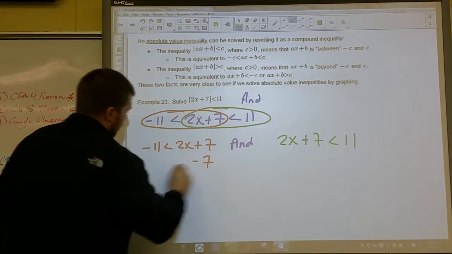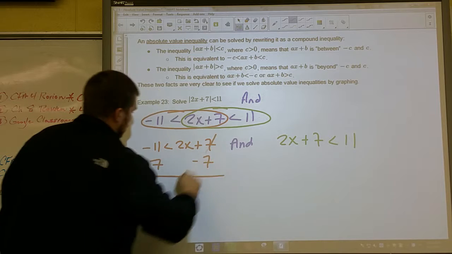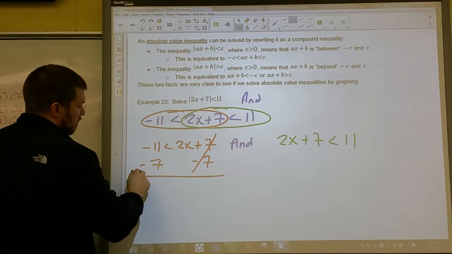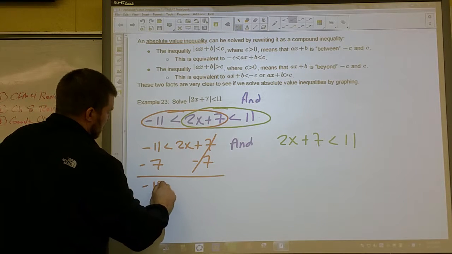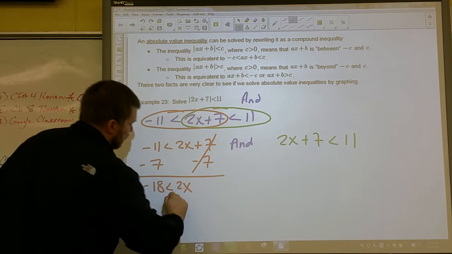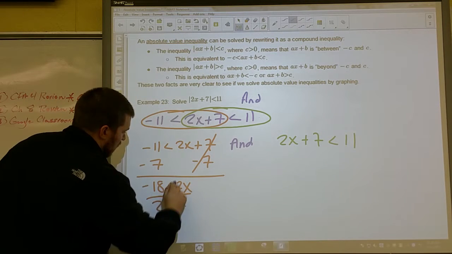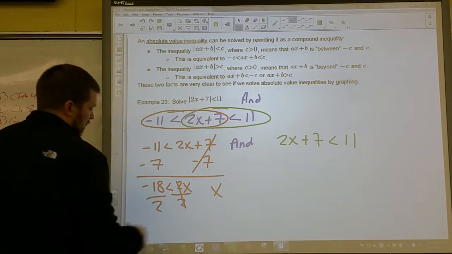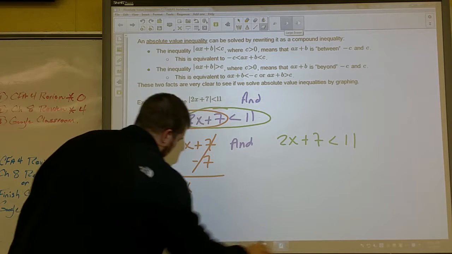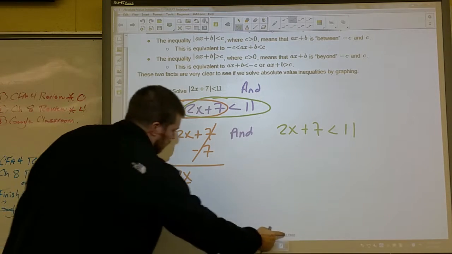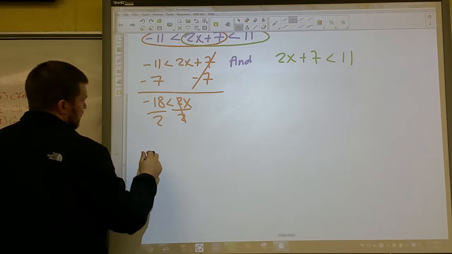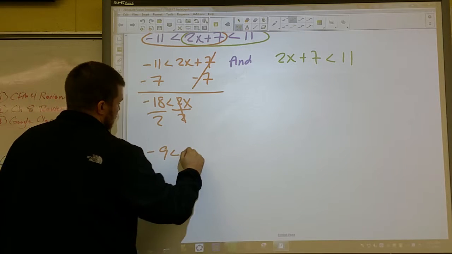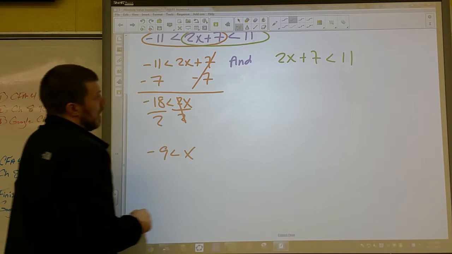Start by subtracting 7 on both sides. So I have negative 11 minus 7 is negative 18, less than 2x, divide by 2 on each side. Let's come down here, give myself a little bit more room. So I have negative 18 divided by 2 is negative 9 less than x.